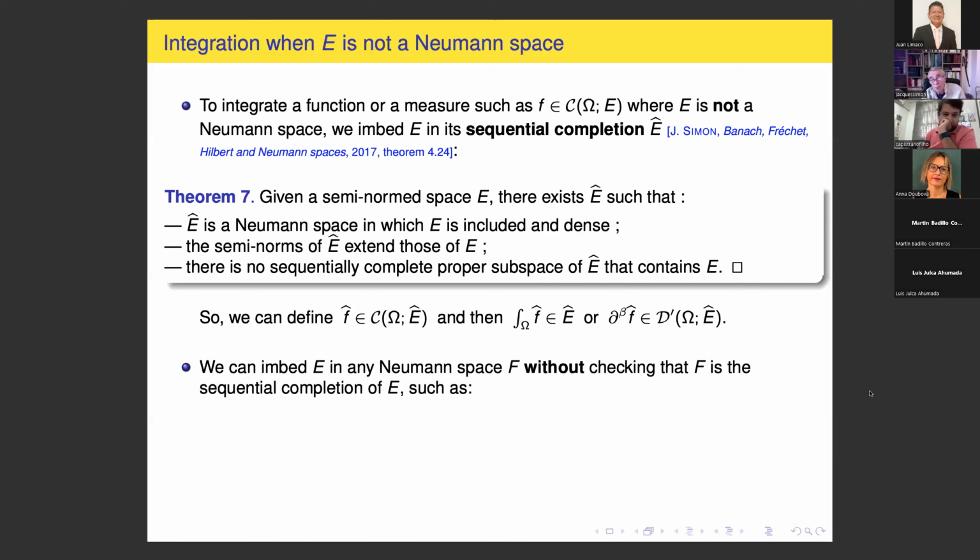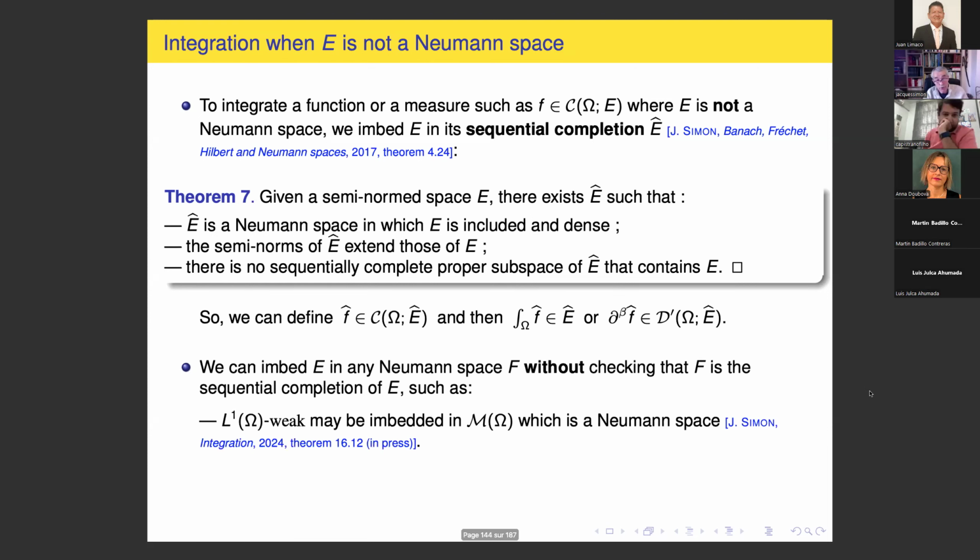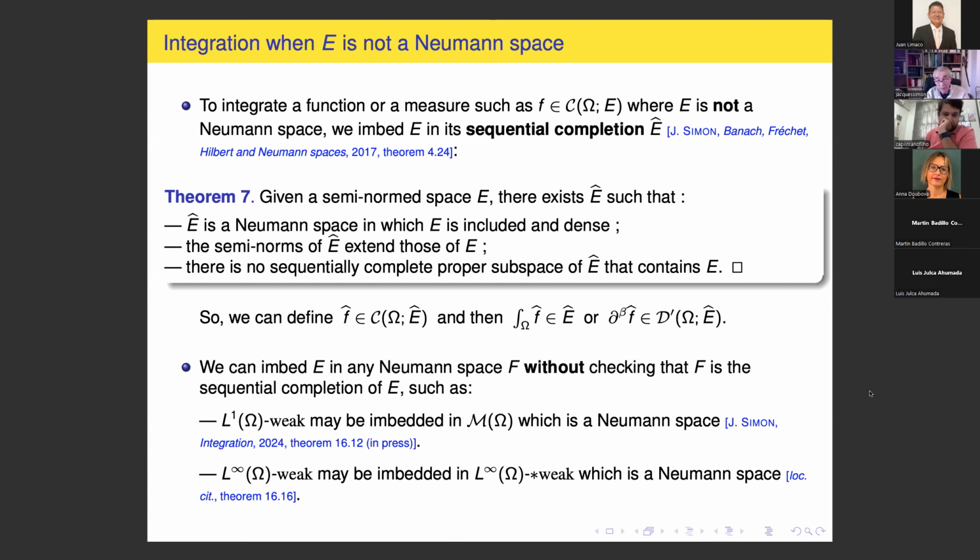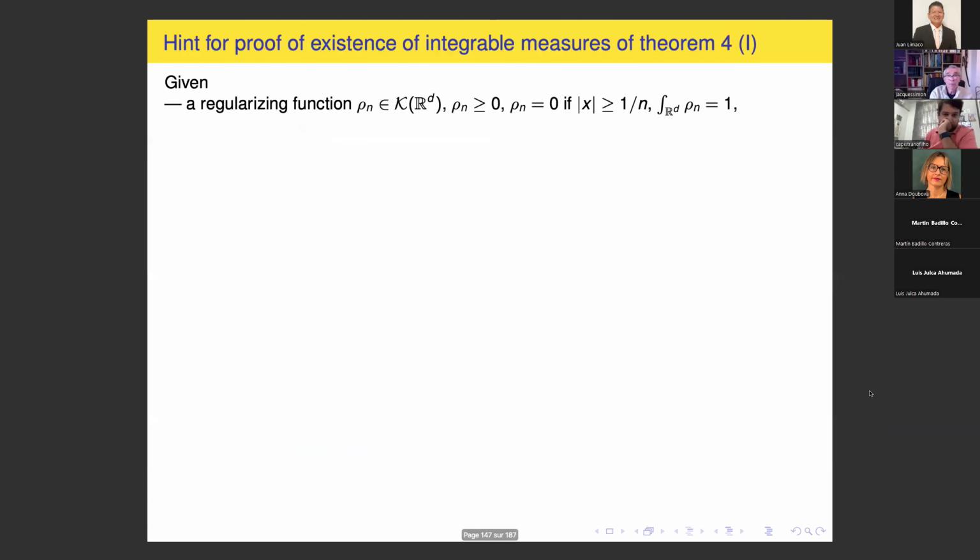It suffices to embed E in a space which is a Neumann space, such as L1 weak is embedded in the space of measures, and L infinity weak may be embedded in L infinity star weak, which is a Neumann space. And so all goes on.